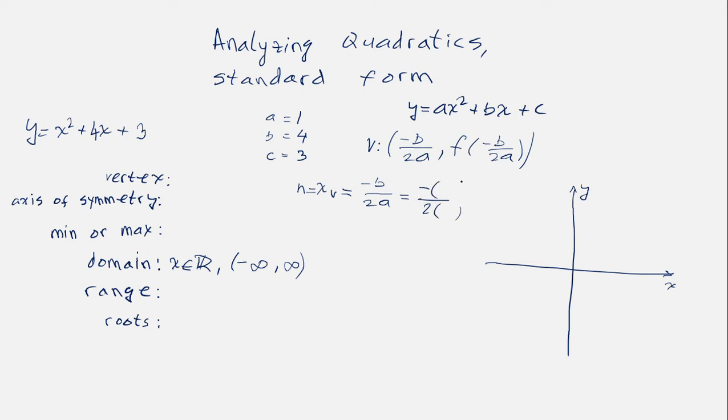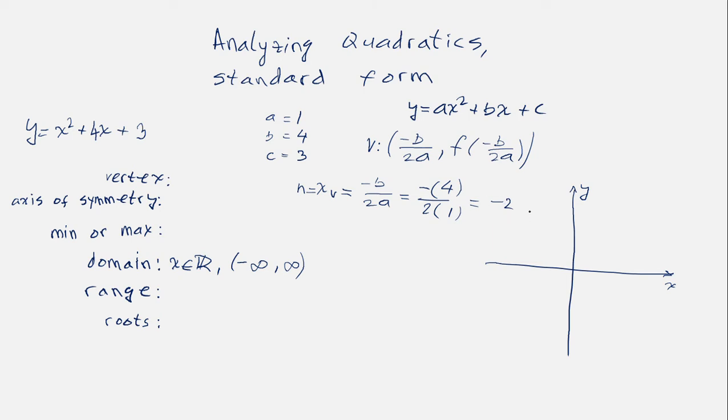And now we just need to put in our values for b and a. Value for b is 4, so we put 4 here. And then value for a is 1, so we put 1 here. So we get negative 4 divided by 2, which is negative 2. So our x of the vertex is negative 2.